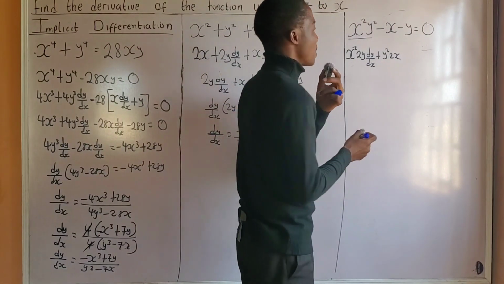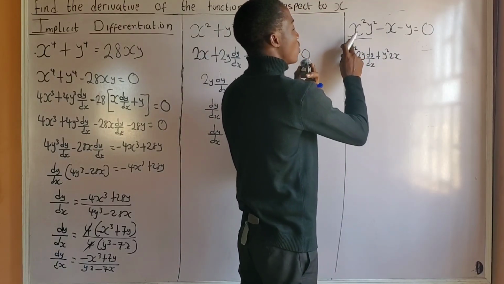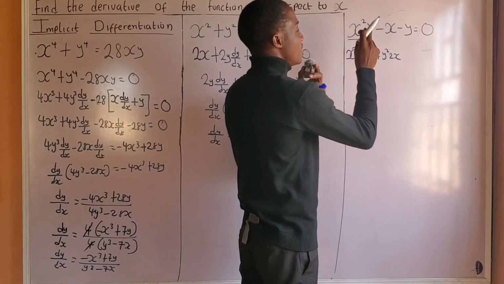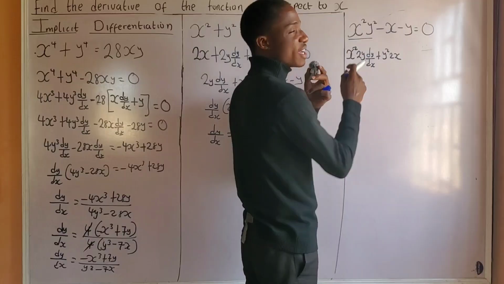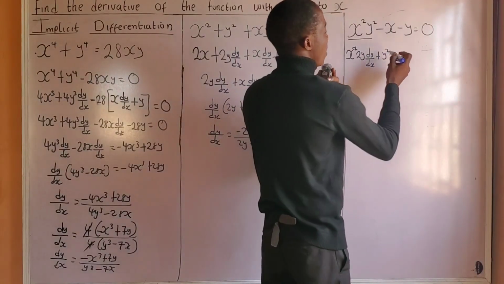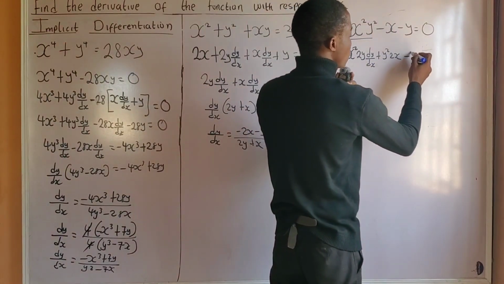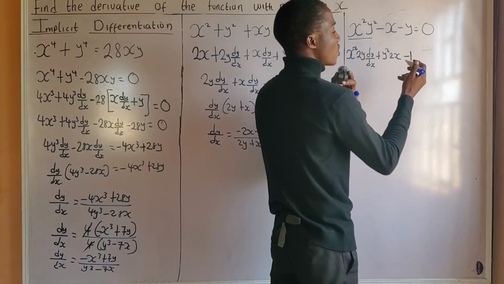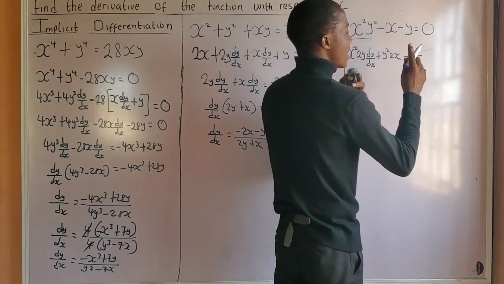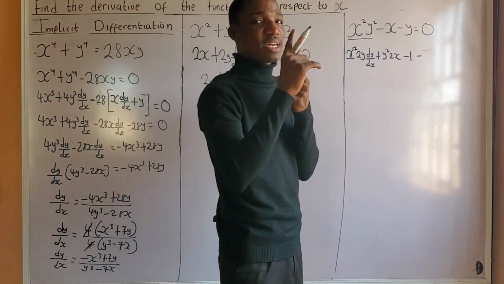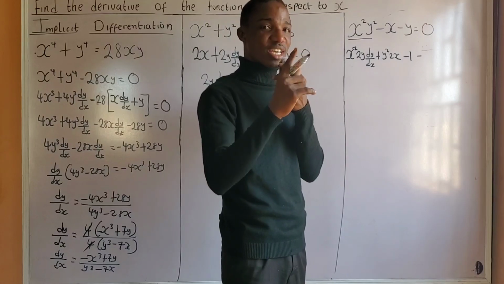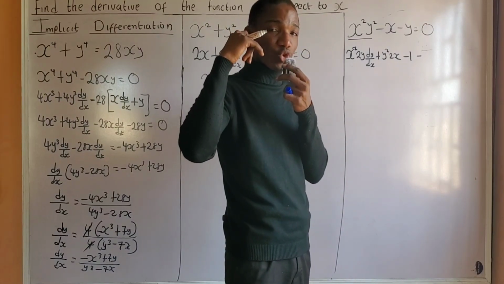Do you understand? According to product rule, keep x squared constant, differentiate y squared. Keep y squared constant, differentiate x squared. Are you getting it? So now differentiate negative x, you're going to have what? Negative 1. Differentiate negative y, you're going to have what? Negative 1. And then now you're going to multiply that derivative by dy/dx. Are you getting it? As stated earlier. Do you understand?